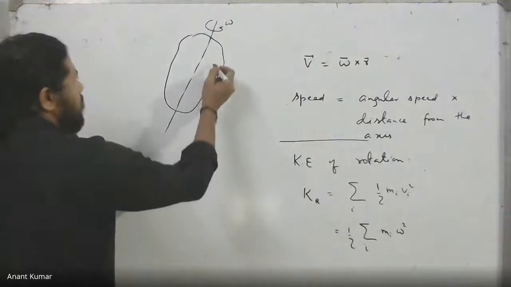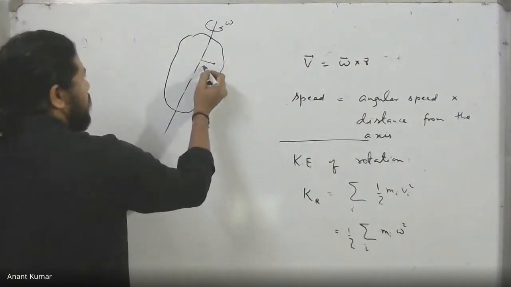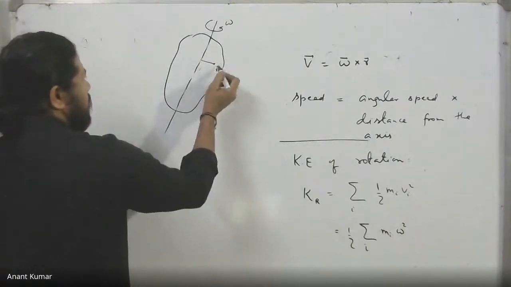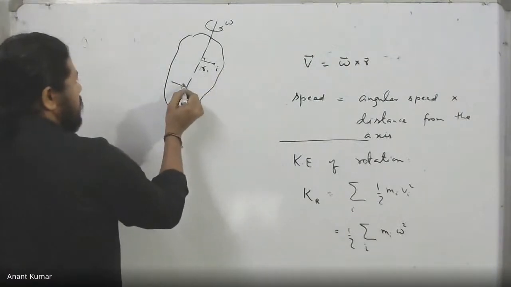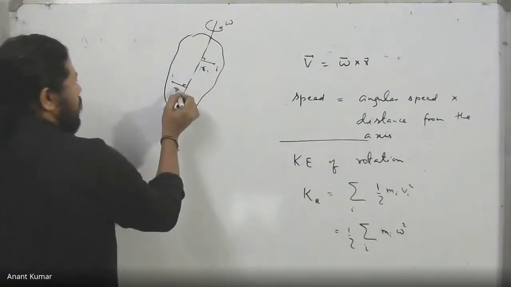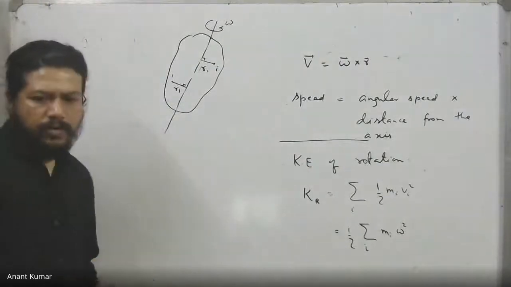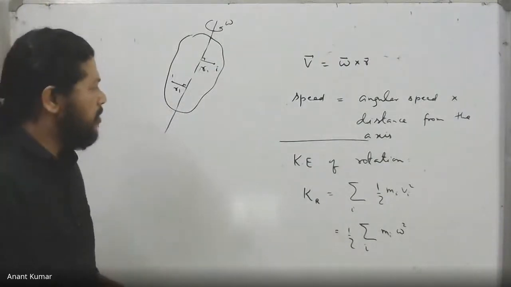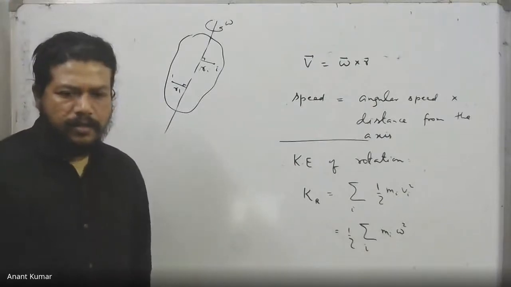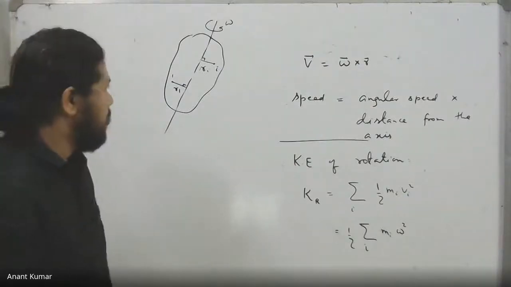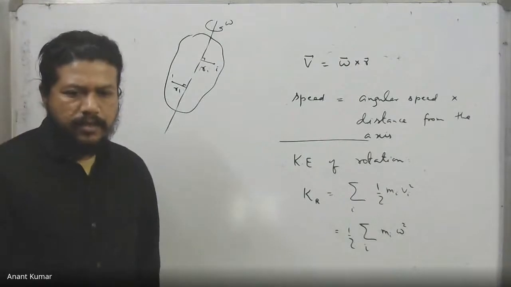I'm going to denote the distance from the axis of the ith point particle as ri. For example, this may be r1, then we may have r2, r3. By r, I'm denoting the perpendicular distance actually, not from the origin, but the distance from the axis.